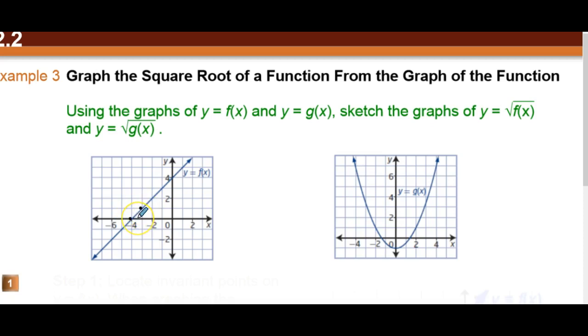So those are our invariant points. They're going to show up on both graphs. And we know that our graph is hitting on 4 originally, so it's going to be the root of 4, which is 2. It'll hit on our next one. So if I can connect these, this is what the graph of that equation is going to look like.